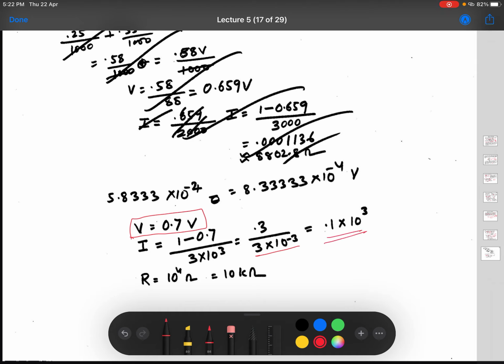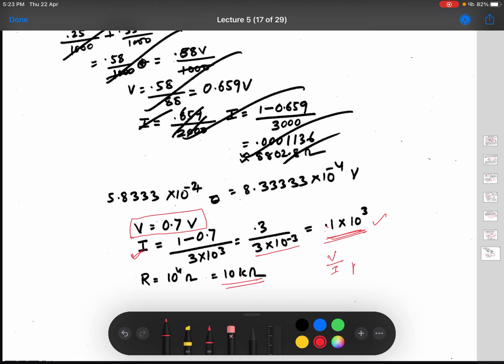That is R is around 0.1 kilo ohm. Why should it be 10? Oh sorry, this I is 0.1 into 10 raised to power minus 3, and V by I, if you calculate, comes out to be 10 kilo ohm.